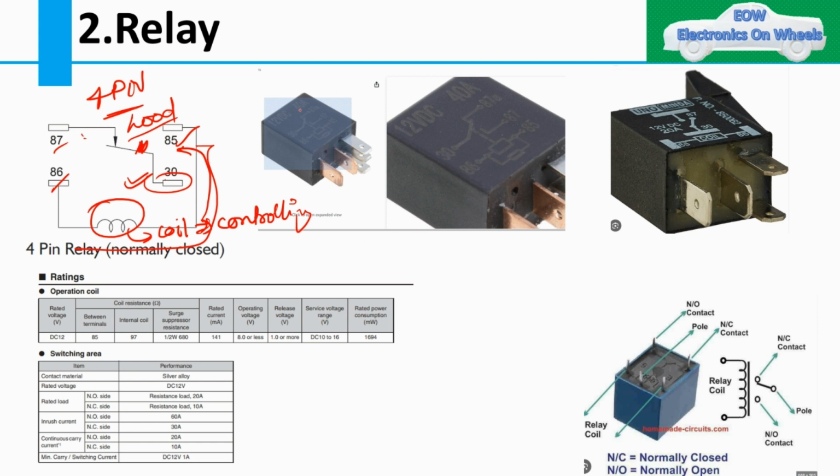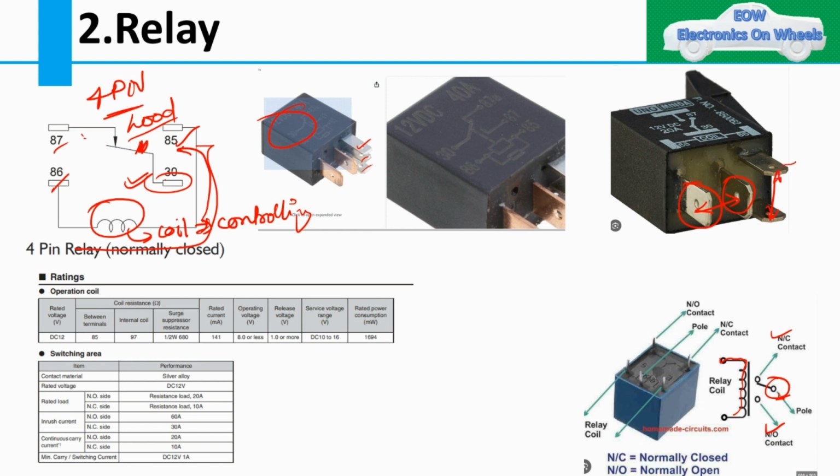If you see the relay here, this is a 4 pin relay, and sorry, here it is a 5 pin relay. In a 5 pin relay also there is no problem. You can see here the 5 pin relay: this would be the relay coil, NO contact, NC contact, and then this would be the pole. Here it is a four pole relay, if you see. I already told you how to identify which one is the load side and which one is the coil side.